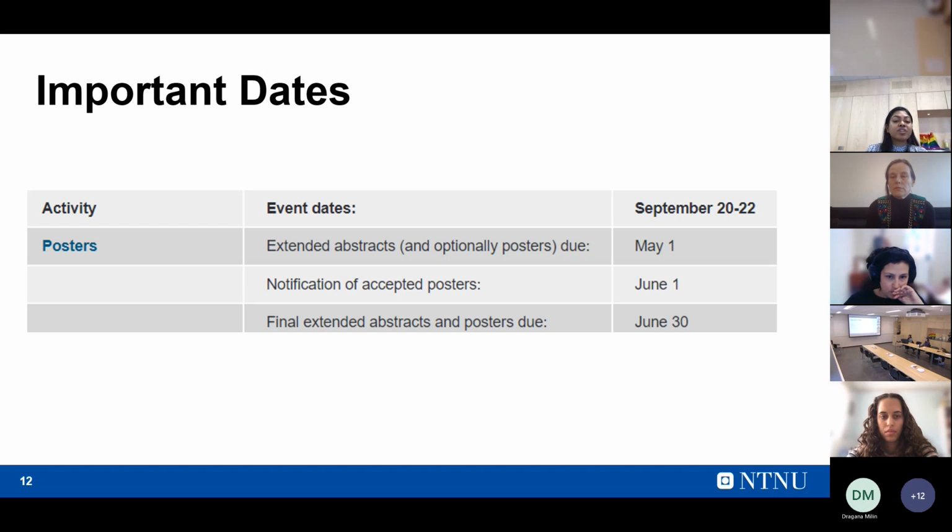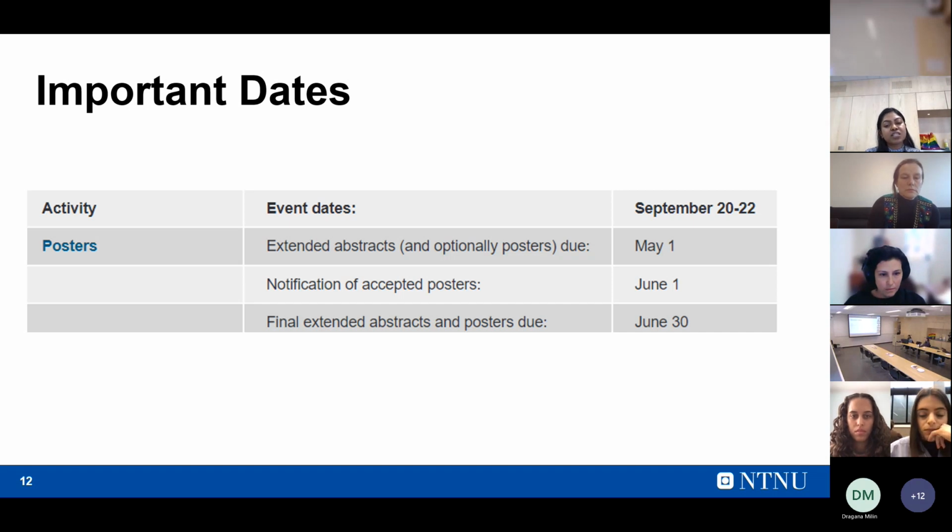Next, here are some important dates to remember. As you must be aware, the actual conference will be held in September from the 20th to the 22nd. The extended abstracts deadline is on May 1st. This is when you have to submit the actual abstract. The posters are only optional.